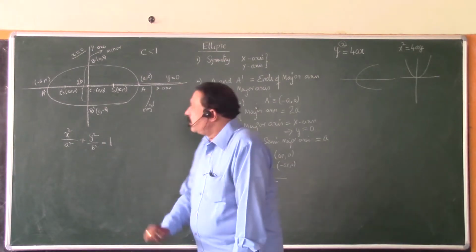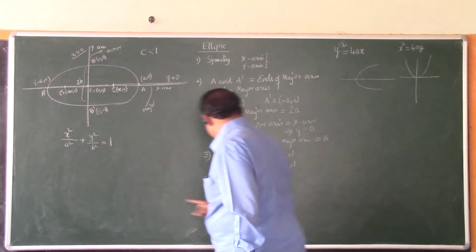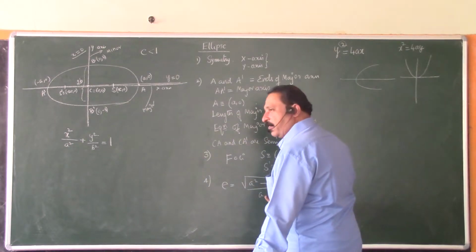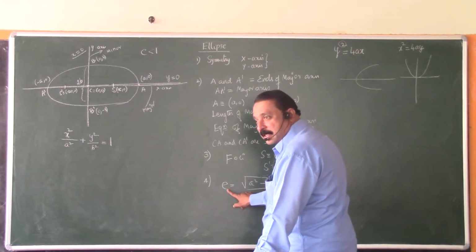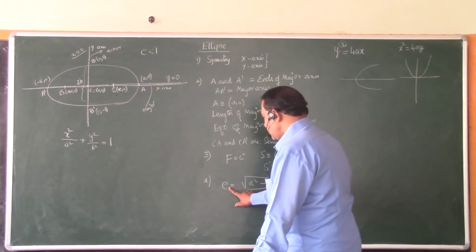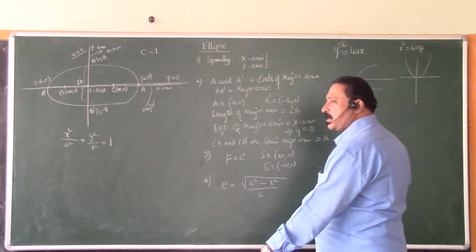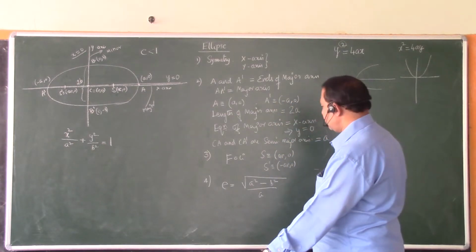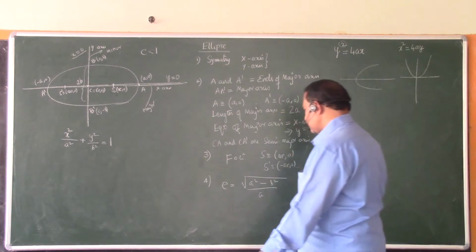And if you substitute the values of a square and b square in this expression and simplify, you will get the value of E, which is always less than 1. So if you want to find the eccentricity of the ellipse, what is the formula? E is equal to square root of a square minus b square divided by a. That is the formula for the eccentricity.